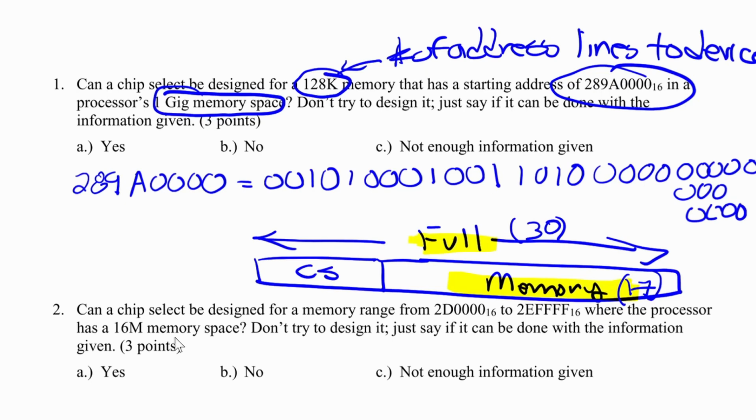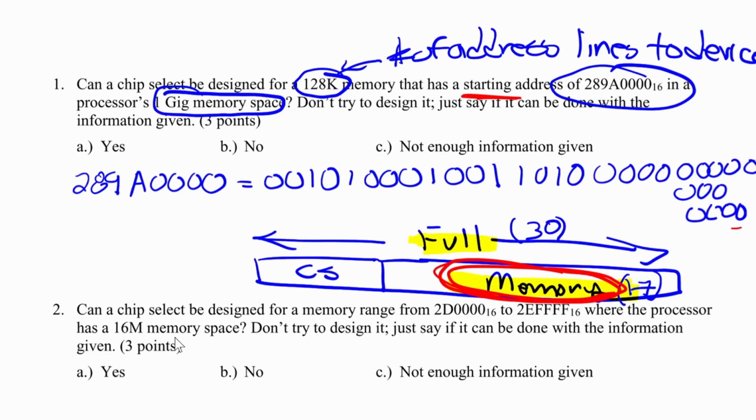Now, the thing that we need to make sure of is, remember that the low address, this starting address here, needs to have zeros for all the bits going to the memory device. So I need to make sure that for a starting address, all these bits that go to the memory device are 0.